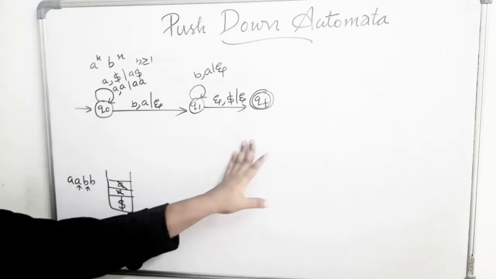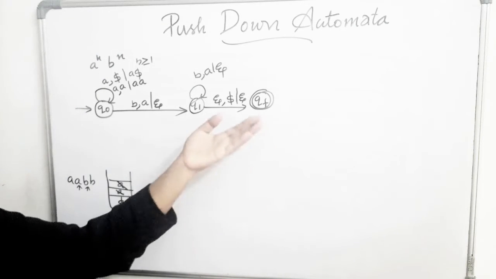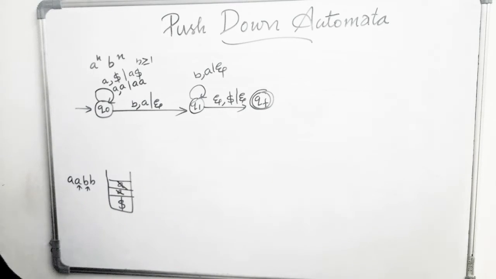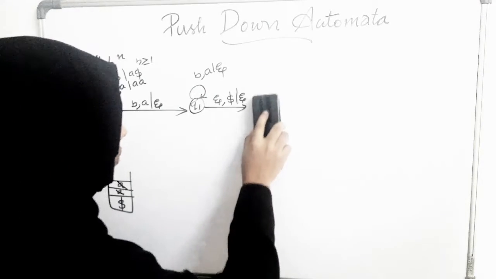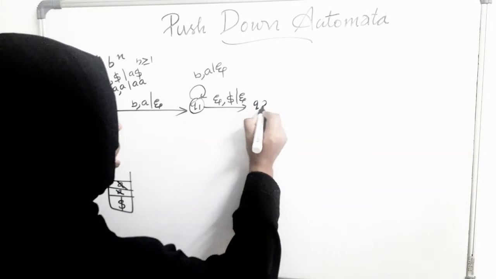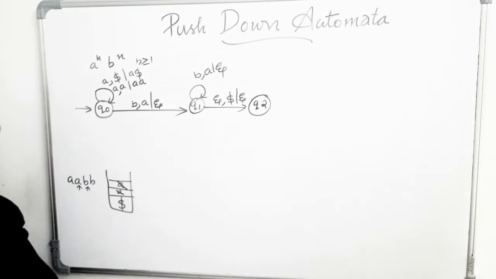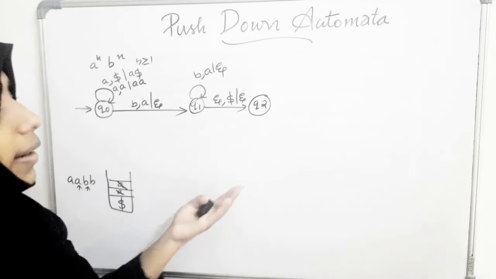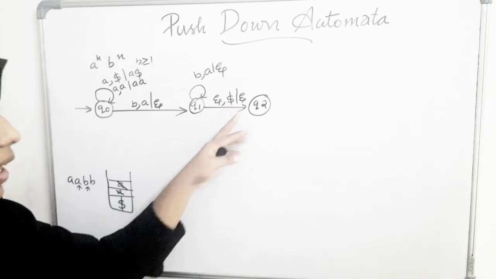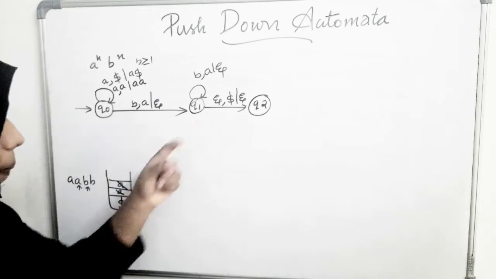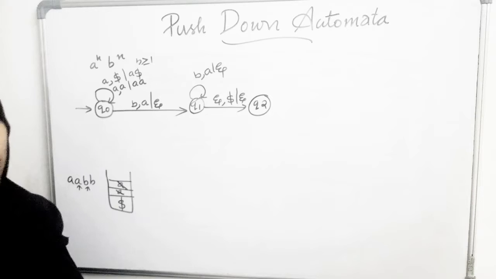Okay, so in this example I have shown final state acceptance. You can also make it empty stack acceptance. That is, if you don't have to go to a final state, you can go to another state Q2. But again, if you are designing this for empty stack acceptance, this indicates that the string has been accepted, because at the end the stack is empty, because you are even popping this dollar off the stack, isn't it?